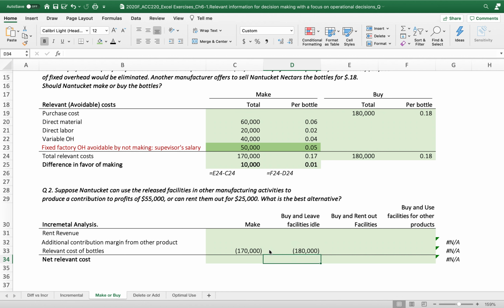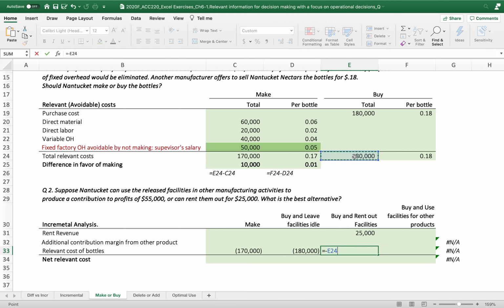Okay. Then buy and rent out facilities. We have the rent revenue. How much is the rent revenue? Right, 25,000. We don't have additional contribution margin in this case, but we purchased this from outsourcing, 180.